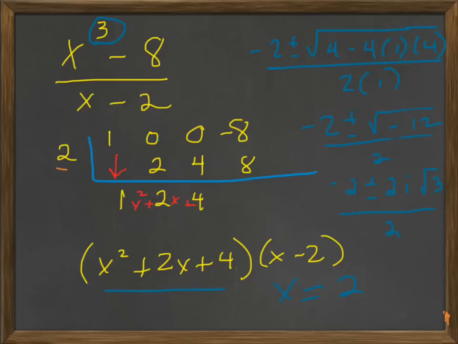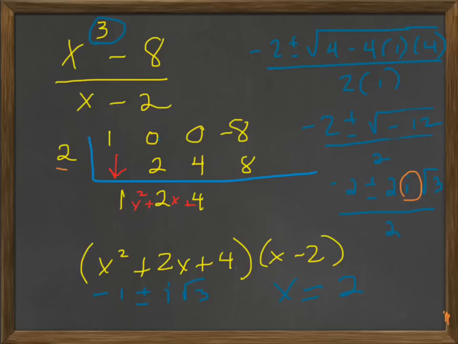So you can tell at this point that our other factors are going to be complex roots because we have an i. So we have 2 roots that are imaginary or complex, and then we have 1 root that is a real rational root.